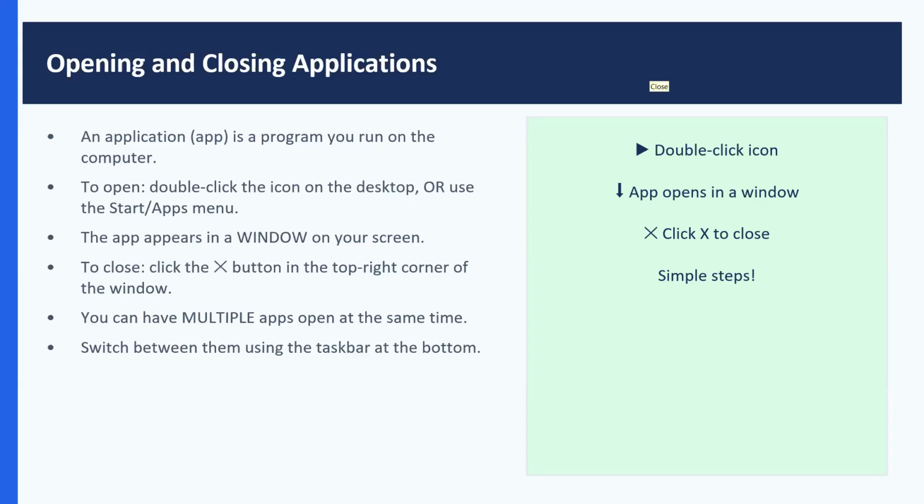You can switch between them using a taskbar at the bottom. If you hover over a taskbar, you should see all of your different applications, and then you can click them and go to Google for one of them, or go to YouTube for another one. The most important part is that clicking X will close it, and that you need to make sure to save it. And double clicking will also open up the application.